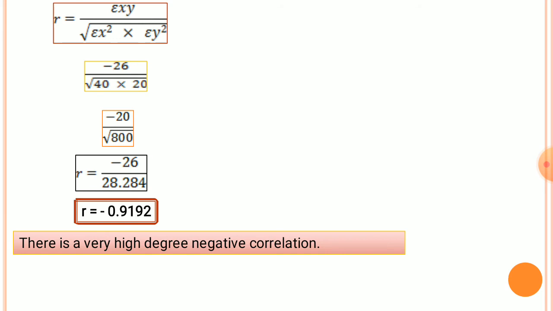So if it is more than 0.90, then such a type of correlation is called a high degree of correlation. And if there is minus, it is to be treated as negative. If there is plus, then it is treated as positive degree of correlation. So therefore it is interpreted as a very high degree of negative correlation.